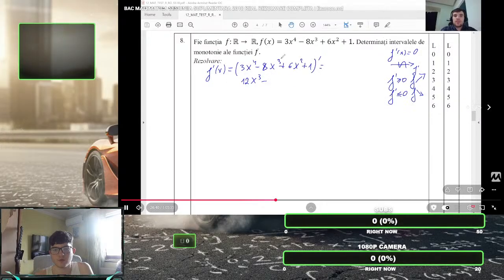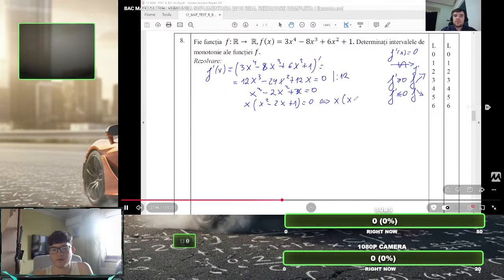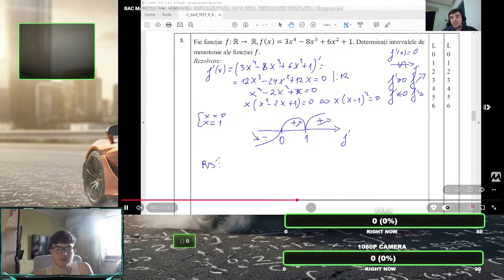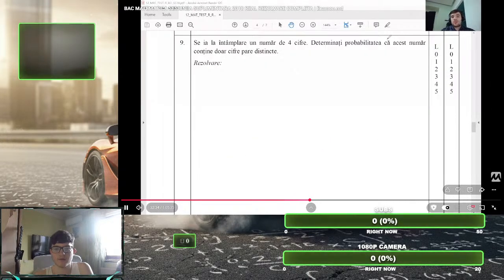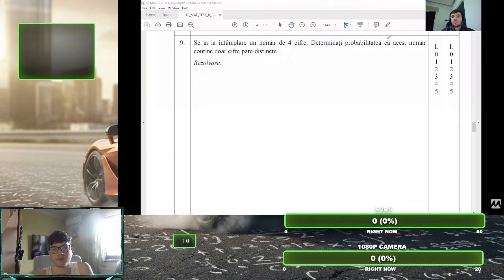This one's also with derivatives and stuff. I'm not going to go over this. Should be having stuff like this. This is what I'm talking about. Probability problem. And essentially, we're taking a random number that has 4 digits, right?